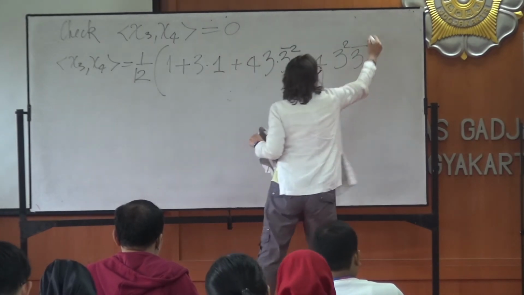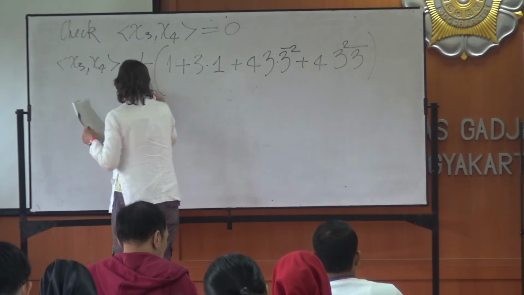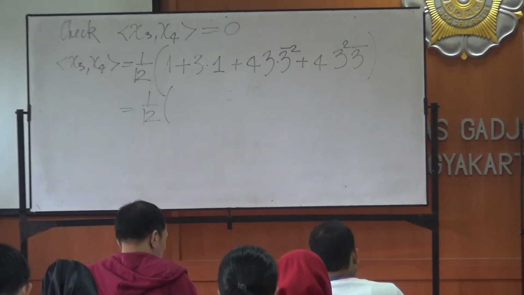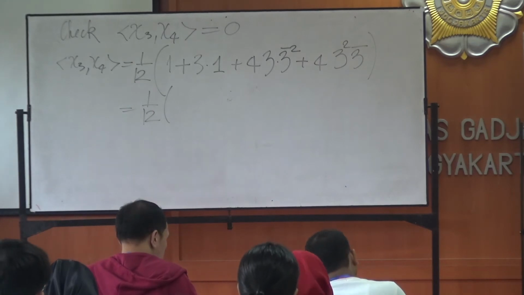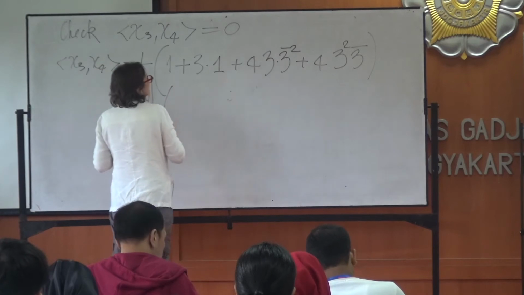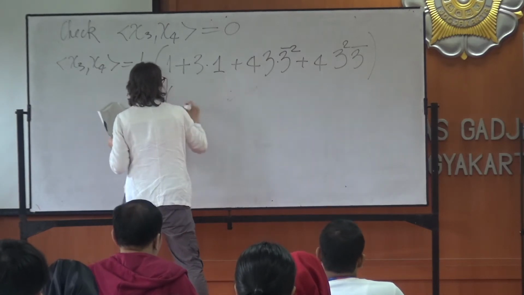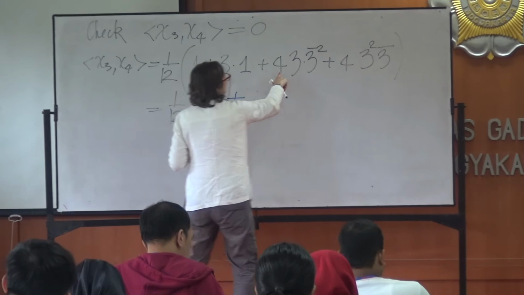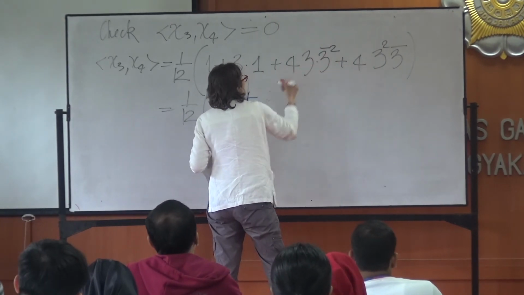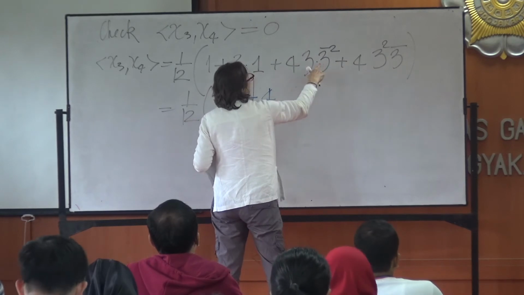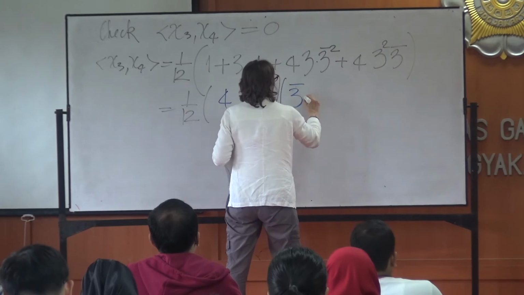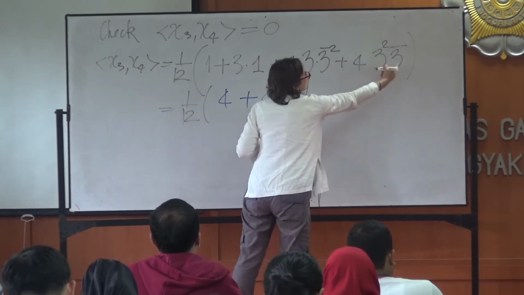And now we get 1 over 12 times, so here we get 4 plus, okay, z bar is 1, so we get here 4 times z bar. We are left with z bar plus z.